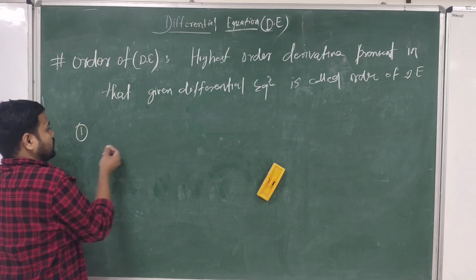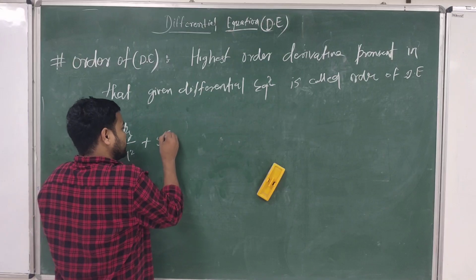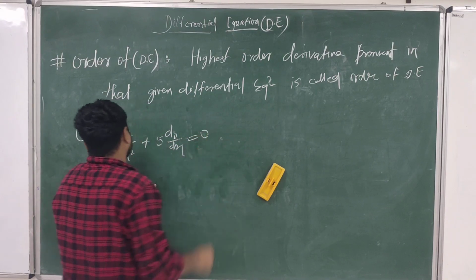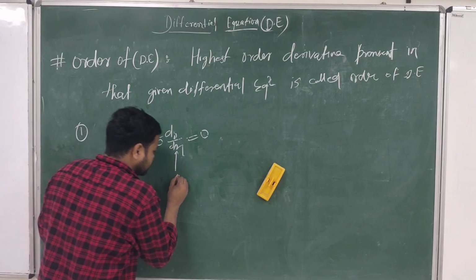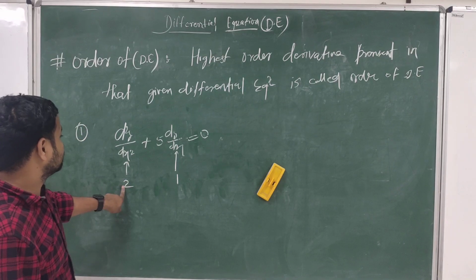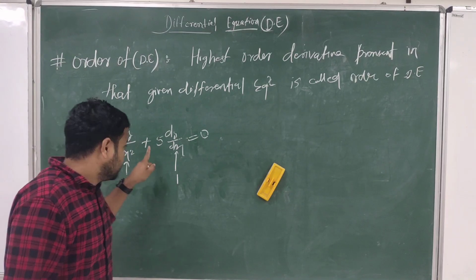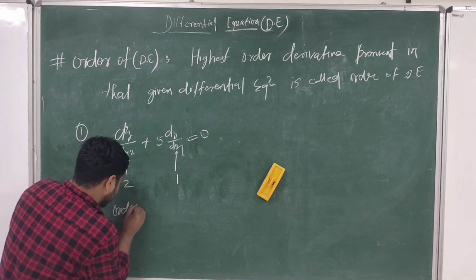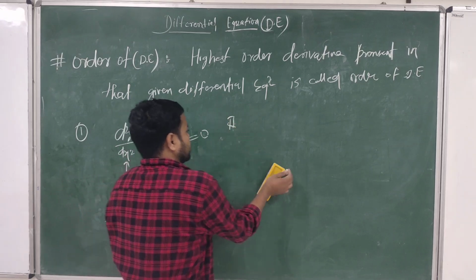For example, d2y upon dx2 plus 5 dy upon dx equals 0. Here, the order of this differential coefficient is 1 and the order of this one is 2. The highest order is 2, so we can say that the order of this differential equation is 2.